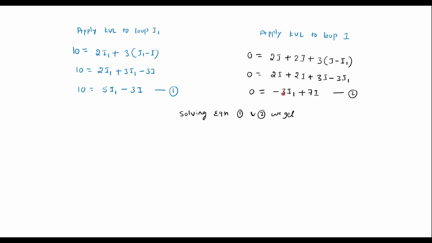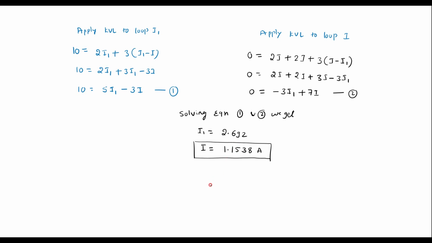In this equation, the coefficient of I1 is minus 3, the coefficient of I is 7, and this value is 0. Just feed the values in the calculator. You will get I1 equal to 2.692 and I equal to 1.1538 amps. So this is the required result I.